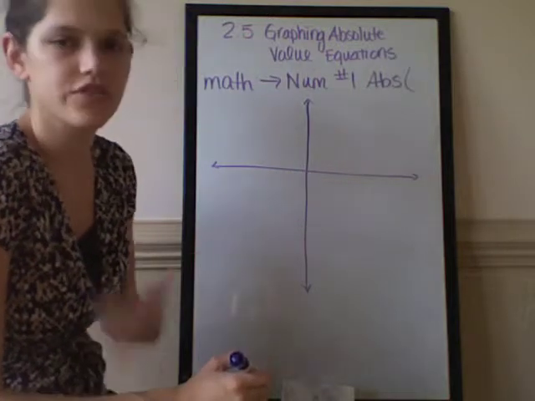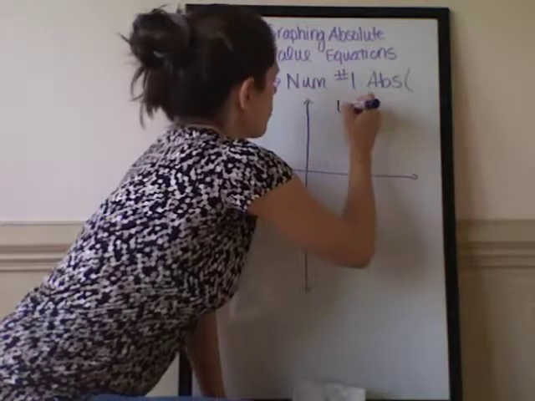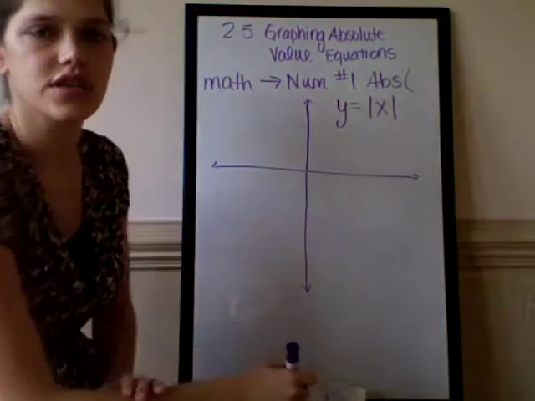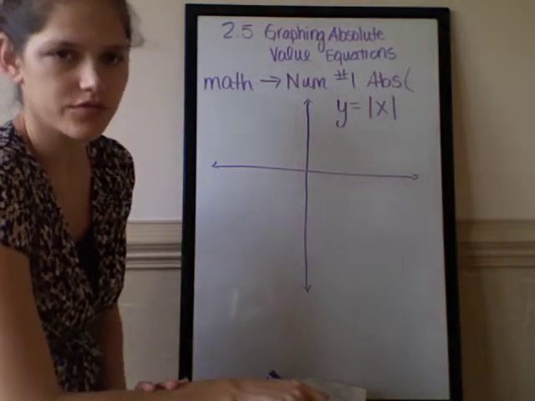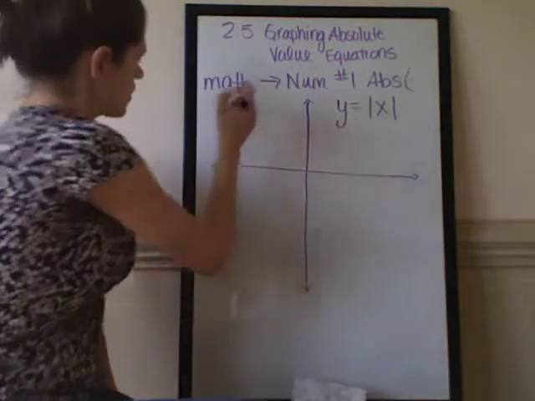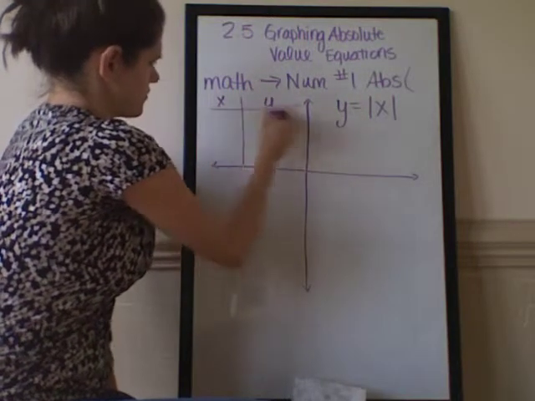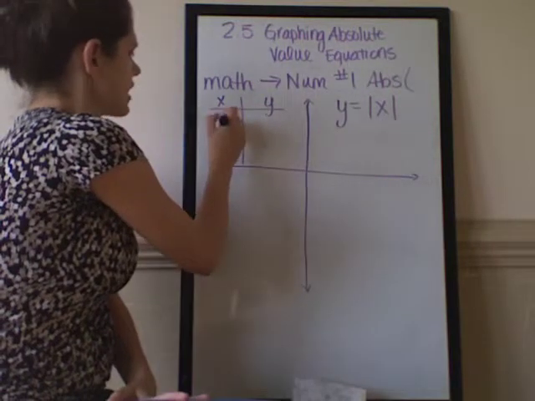Alright, so the first thing I want to do is look at what the function y equals the absolute value of x is. That's just the normal parent function for the absolute value. So let's make ourselves a little table here, x and y. Let's say when my x is -2.